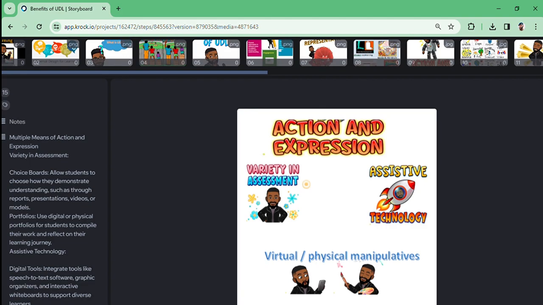For those who are better at writing, or text learners, we may ask them to do a portfolio, or something like that. For persons who are disadvantaged, or may have a learning disability or an impairment, we have to ensure that we include assistive technology.